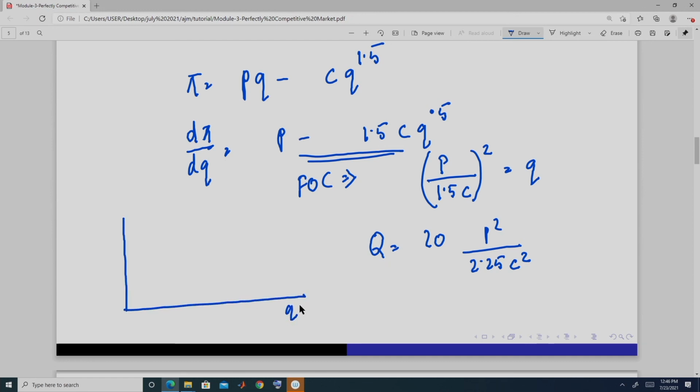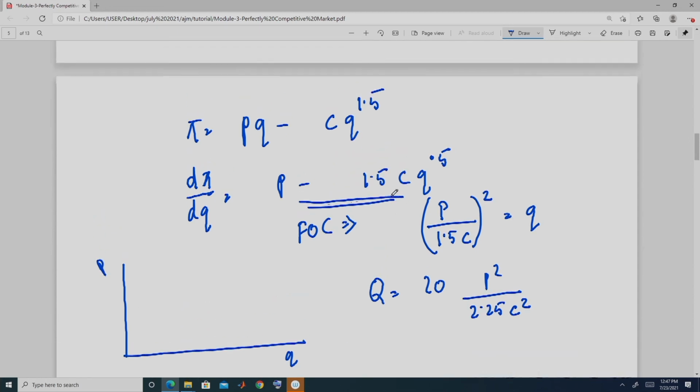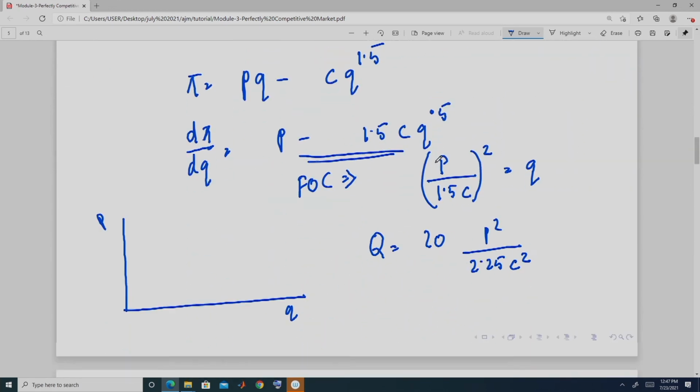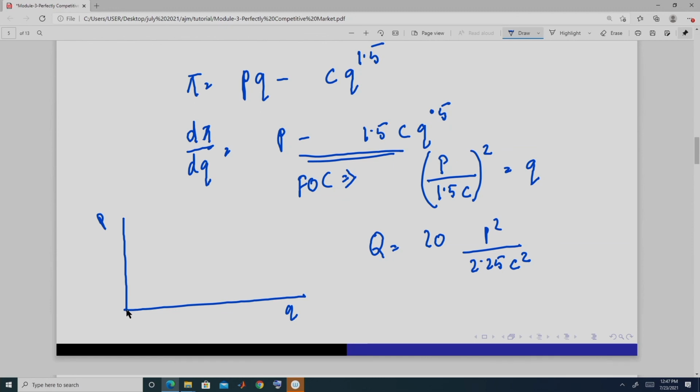If we take this output, price here, marginal cost is this. So, it is something like this. Average cost and average variable cost, it is this. So, you take any price here, this is going to be the optimal output. If the price is here, it is going to be this.